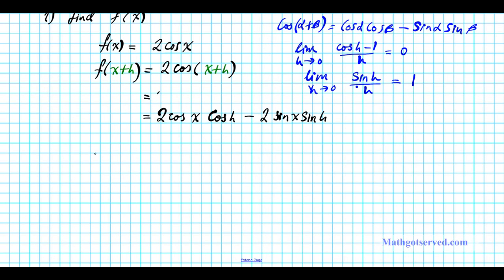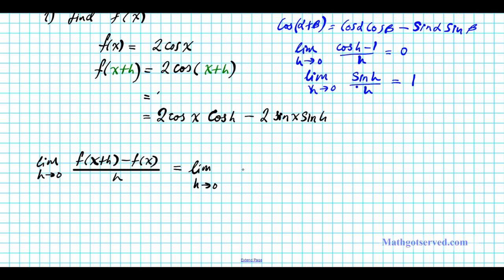Now what we're going to do next is compute the limit as h approaches 0 of f of x plus h minus f of x, that entire thing divided by h. So let's see, what is that? That's going to be the limit as h approaches 0.